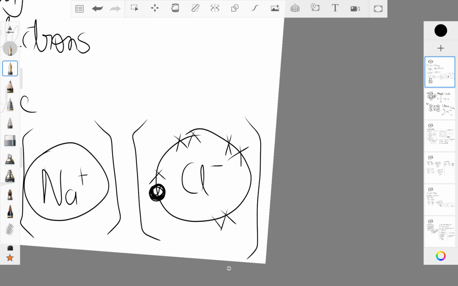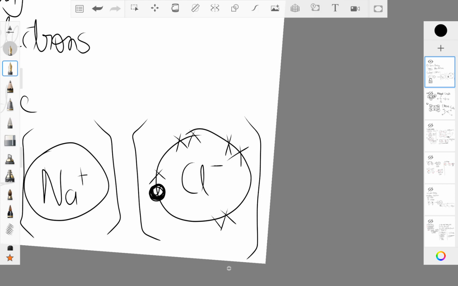This leads to two oppositely charged ions forming, which attract one another, and this electrostatic attraction is what we call ionic bonding. And ionic compounds are just the actual products that are formed. So when the metal atoms lose their electrons to the non-metal atoms and all the bonding happens, you get an ionic compound.